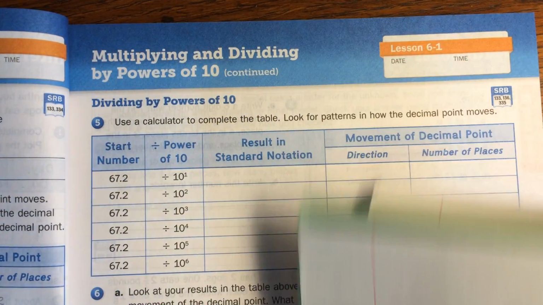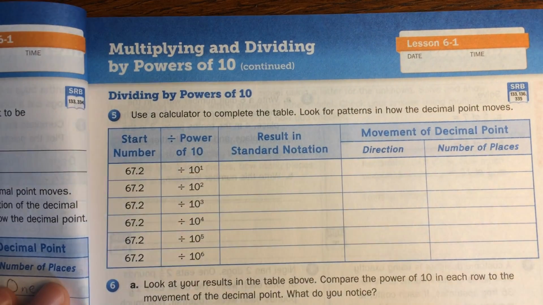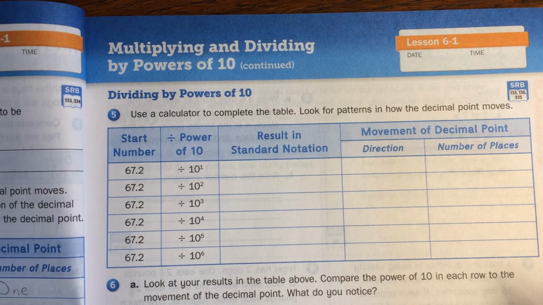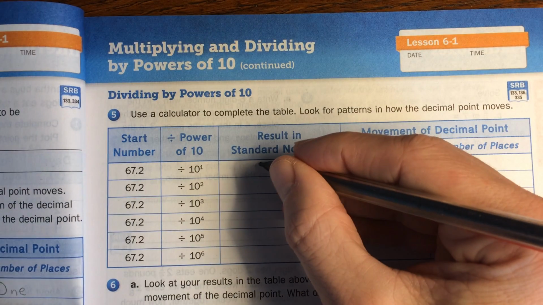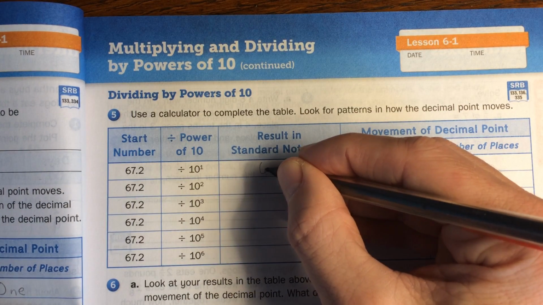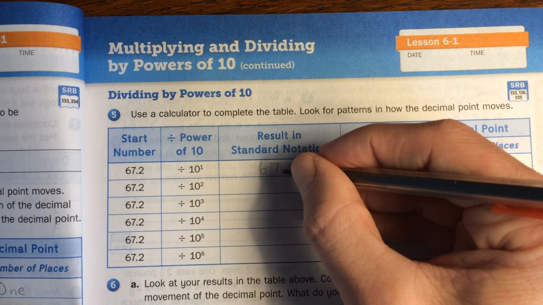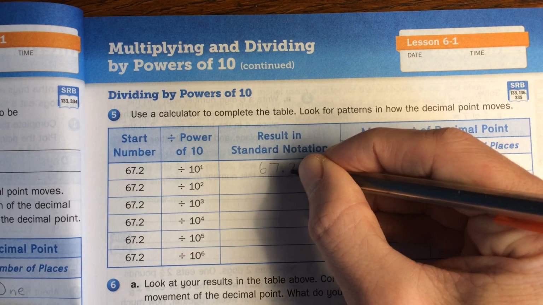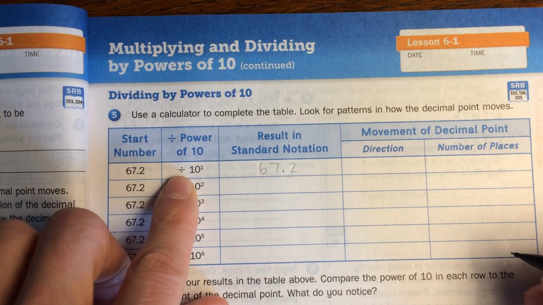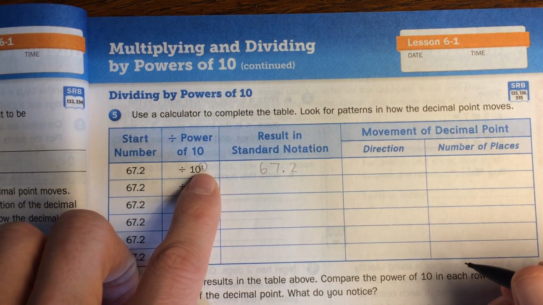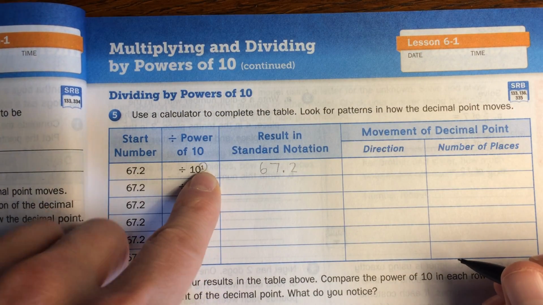So I'll show you a quick example. 67.2 divided by 10 to the first power. All that means is you can write your number down how it's originally written. Remember, there's going to be some erasing involved. Here's the original. And since it's divided by 10 to the first power, this tells us we're going to have to move the decimal one place.